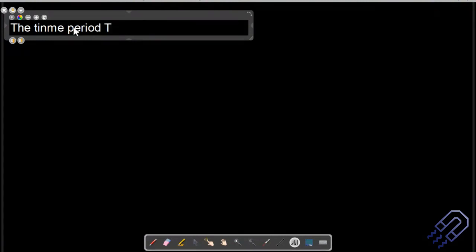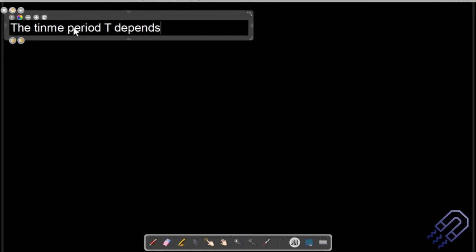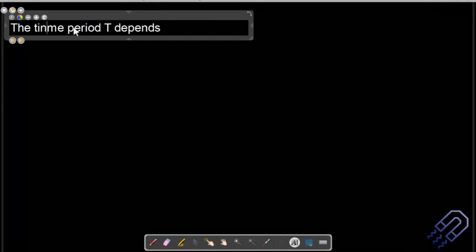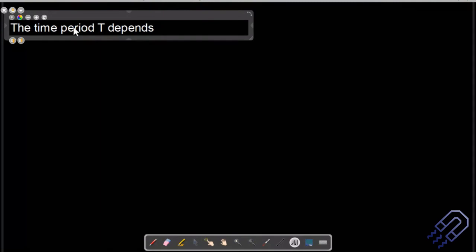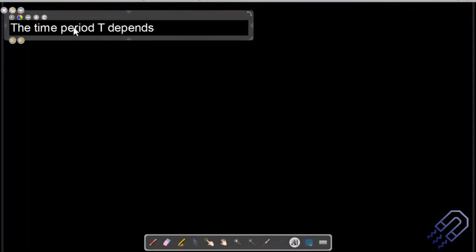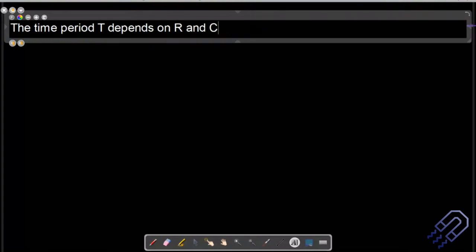The time period T actually will depend on... how much would be the time period? At what point you are going to get a high value, at what point you are going to get a 0, at what point you are going to get 1, will depend on R and C. That means the working formula for finding out the time period will have R and C, and it will also depend on the upper threshold and the lower threshold voltage.